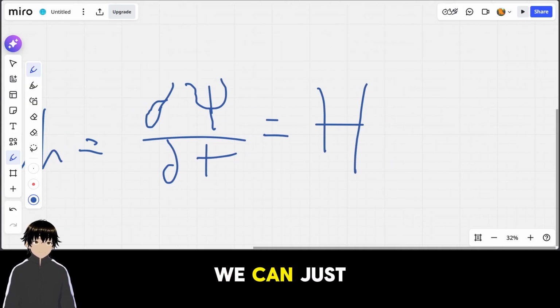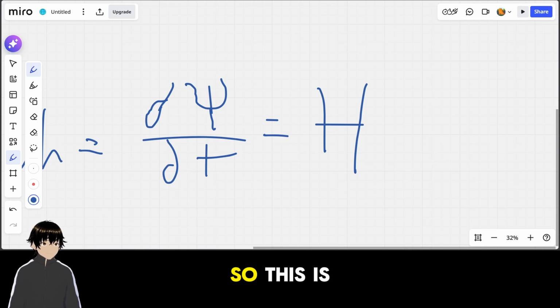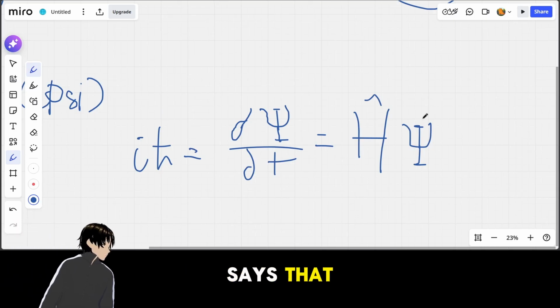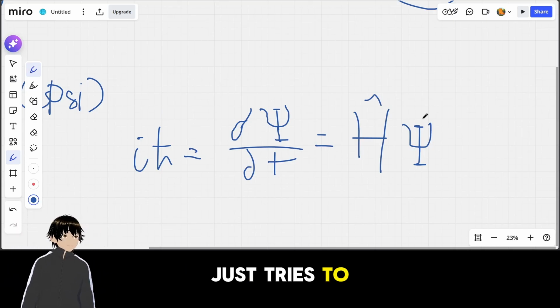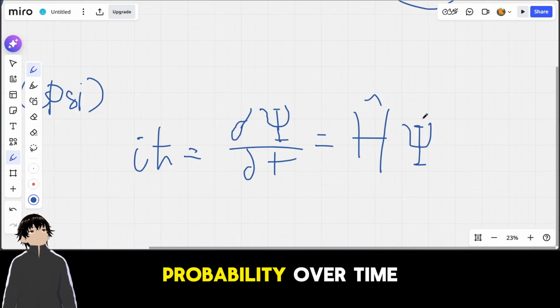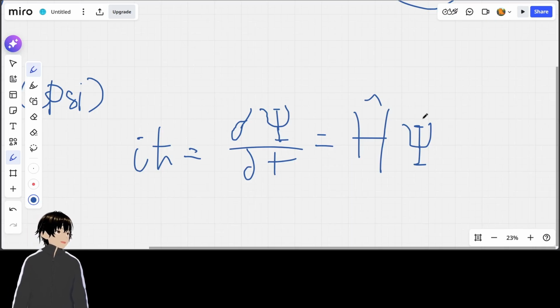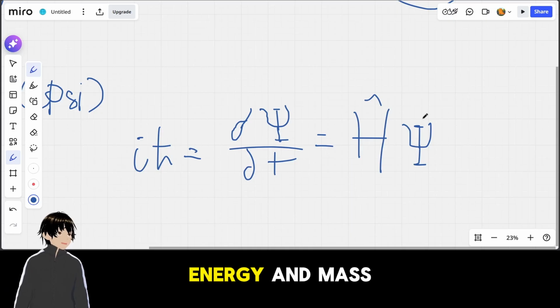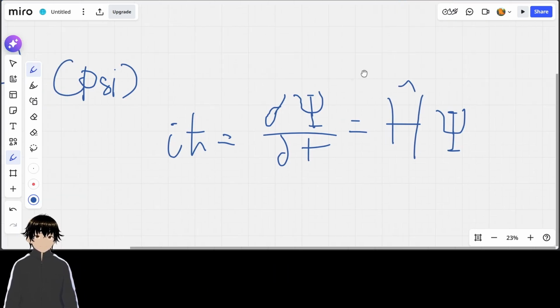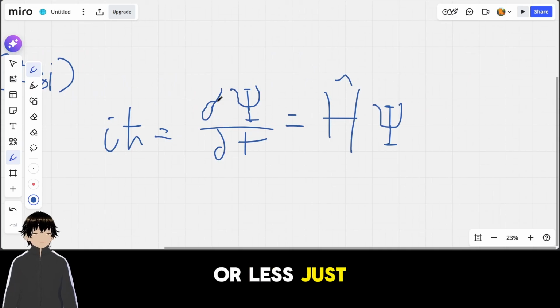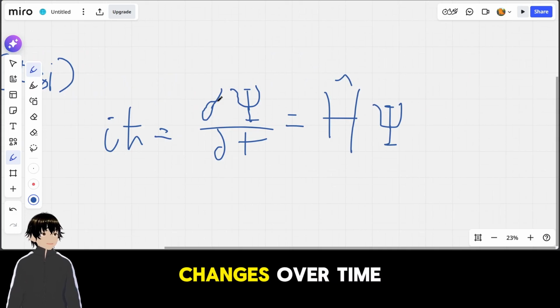So this is the full Schrodinger equation. The Schrodinger equation basically tries to predict the wave probability over time, given its potential energy and mass. Let me rephrase that: it's more or less just how the wave changes over time.